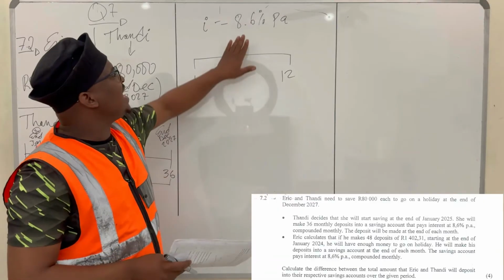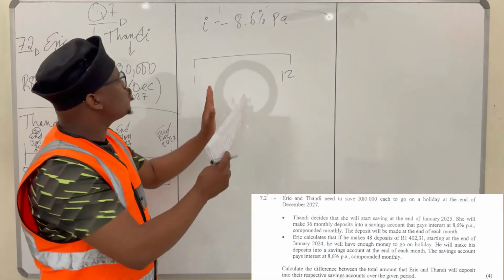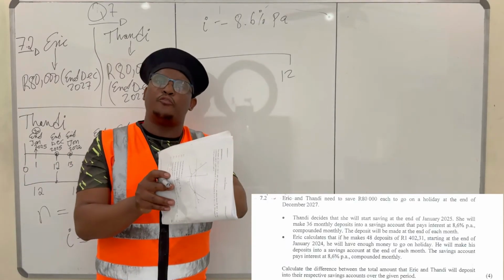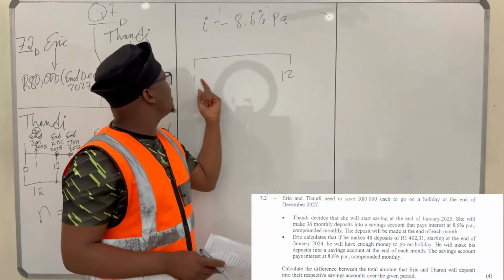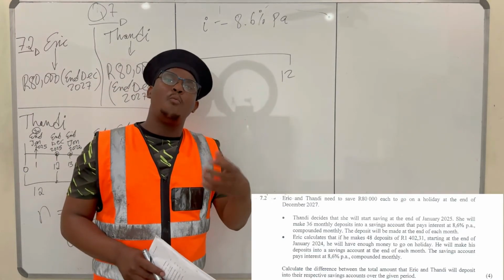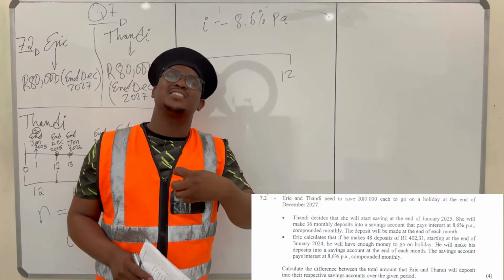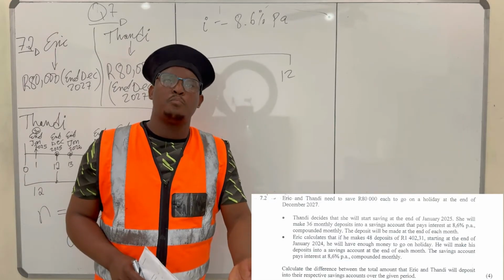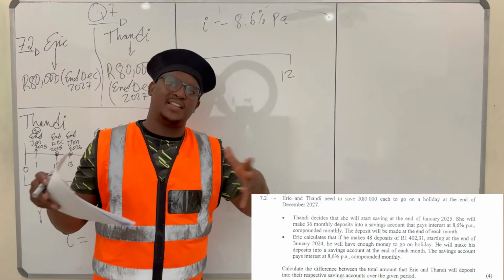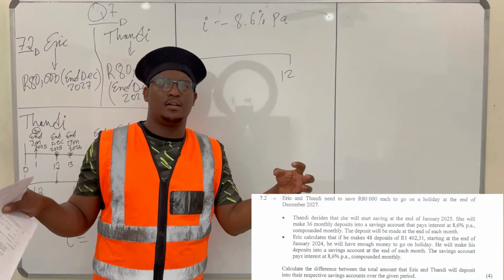So this 8.6% of yours should be divided among those 12 months. Once you divide this 8.6% by 12 months, you will know how much that account earns in interest per month, because the annual rate is distributed over the 12 months of a year.